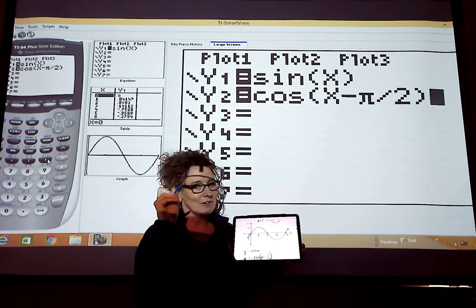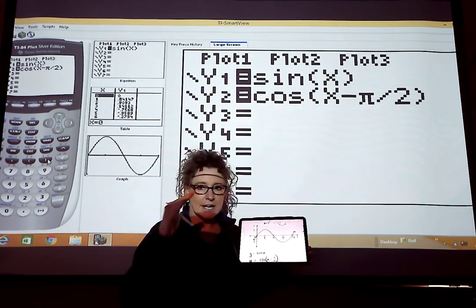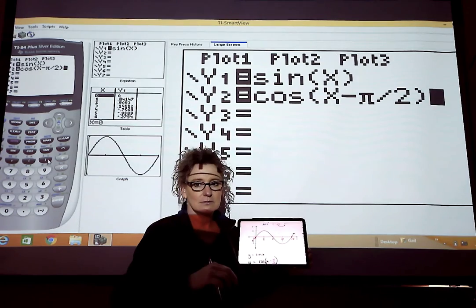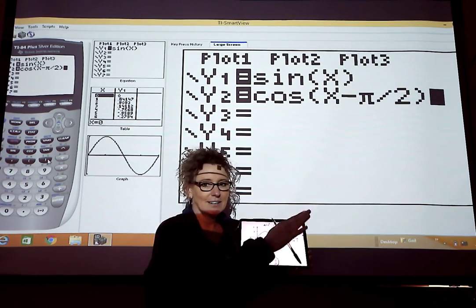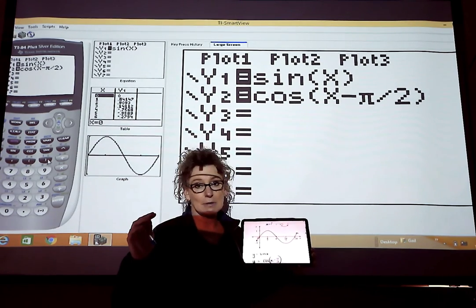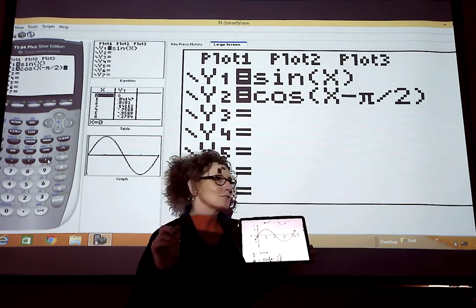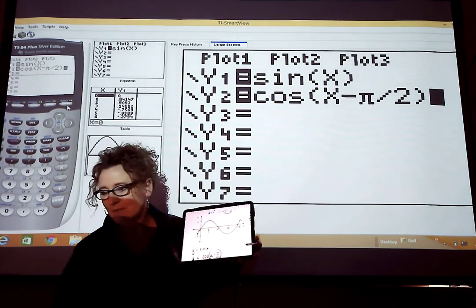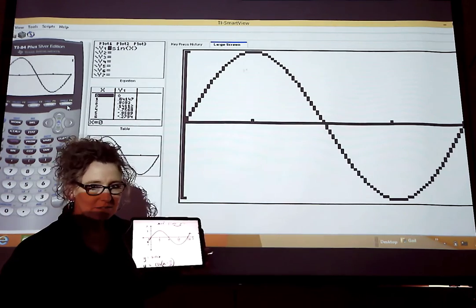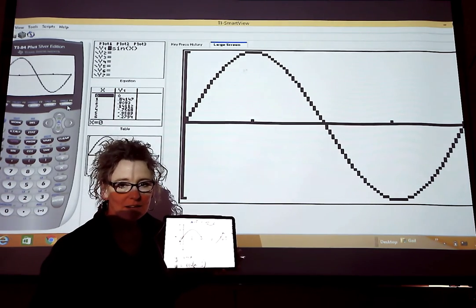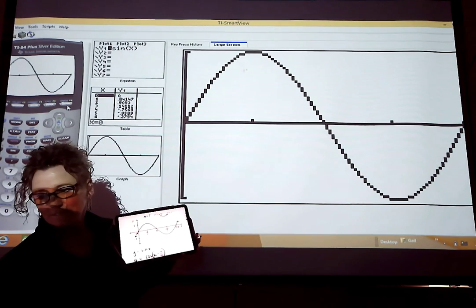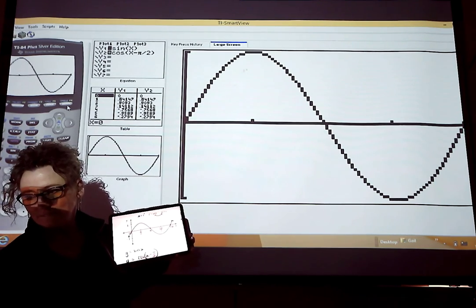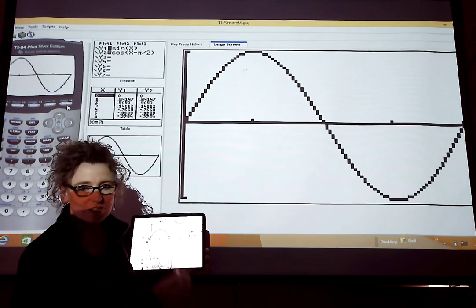If you've got a color calculator, it'll go red, and then your next color might be blue, and you'll see it trace right on top of it. So let's see what happens. It went right on top of it.